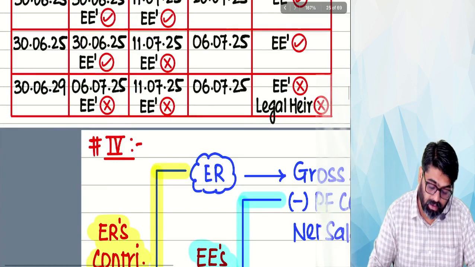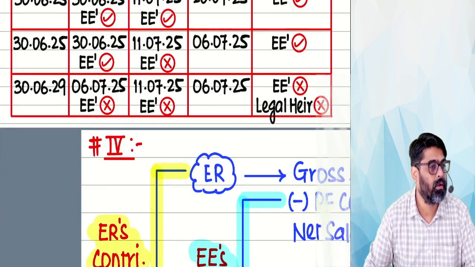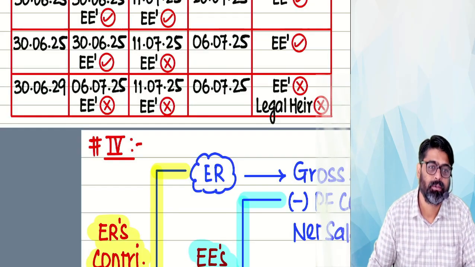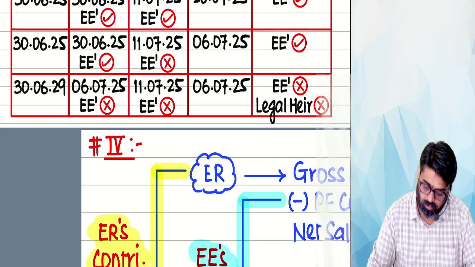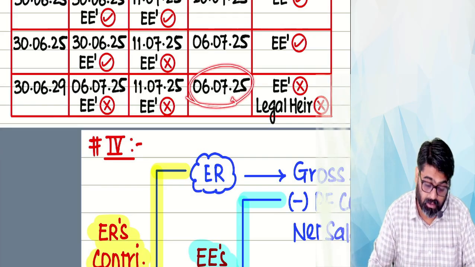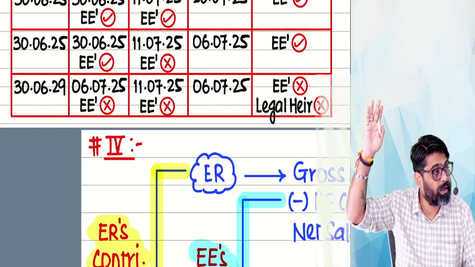Now sometimes it might also happen that retirement was due later on, but before that the employee dies. The employee dies on 6 July and the retirement was due on 30th June 2029.